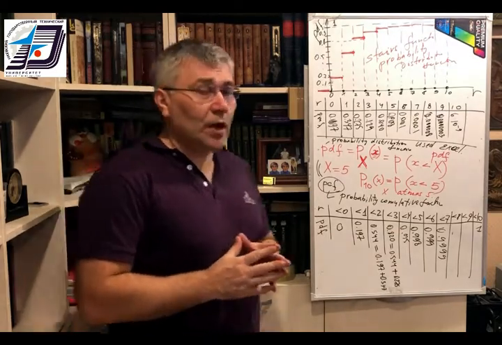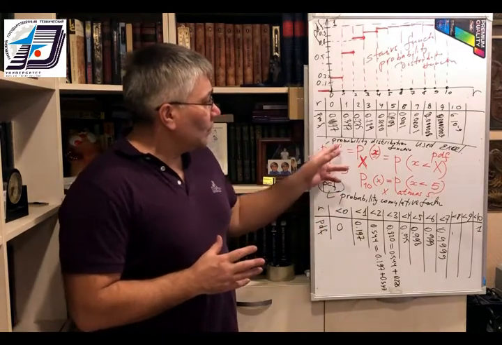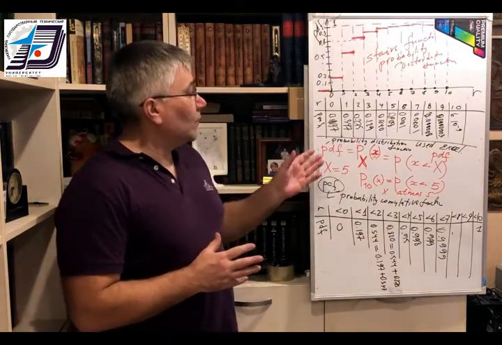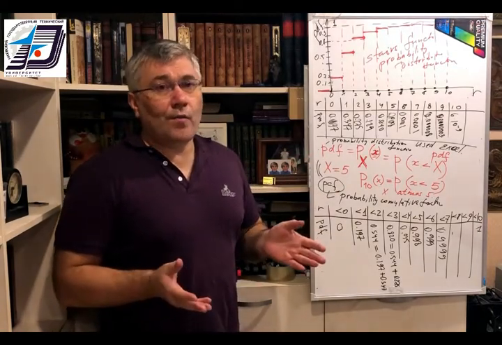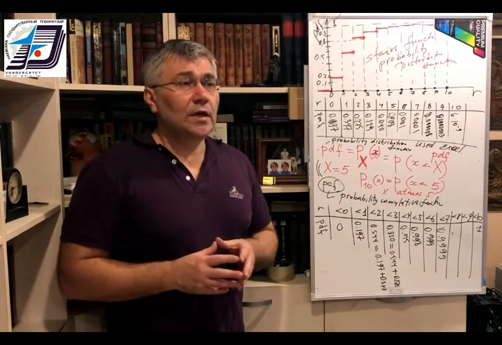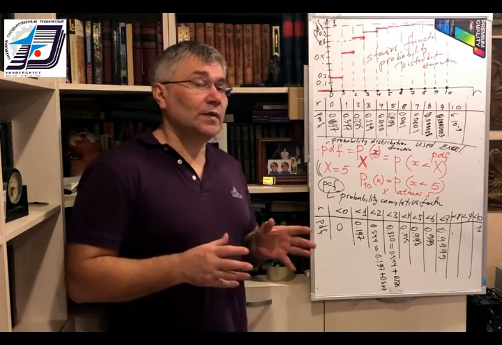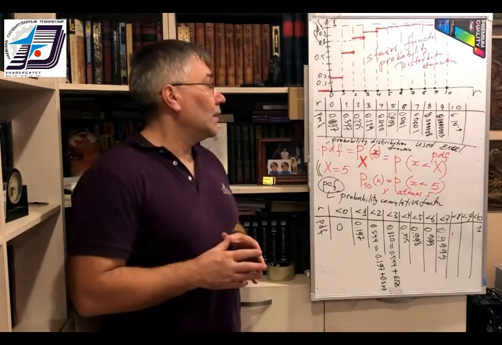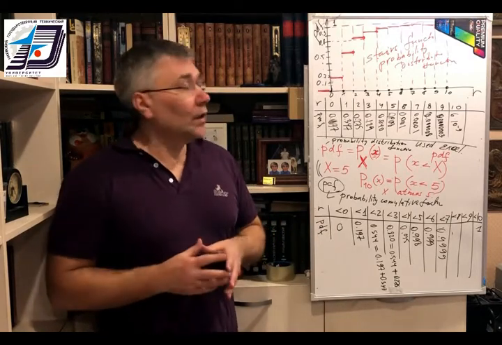So, as a bottom line of today's lecture, I want to say that the probability distribution function and probability mass function, either of them, completely specify the distribution and behavior of the variable.